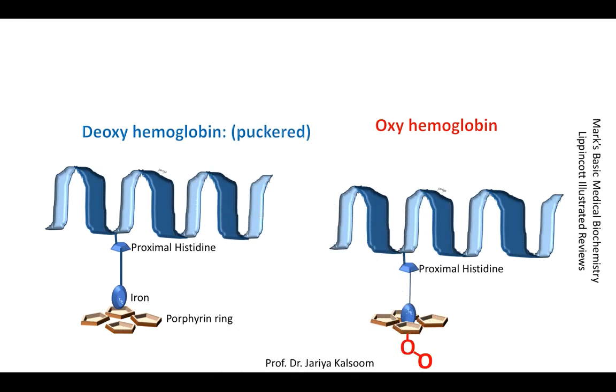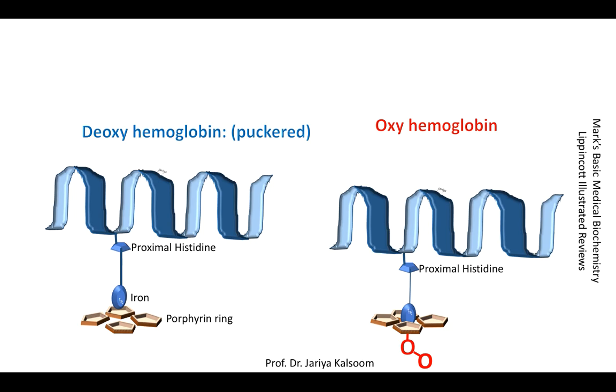The proximal histidine of hemoglobin and myoglobin is sterically repelled by the heme porphyrin ring. In the absence of oxygen, the ferrous iron is not in the plane of the porphyrin because the iron is too large and the heme is puckered. However, upon oxygen binding, the shared electrons result in a slightly smaller atomic radius for ferrous, allowing it to move into the plane of the porphyrin ring.